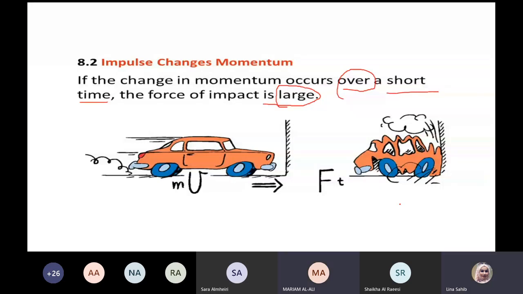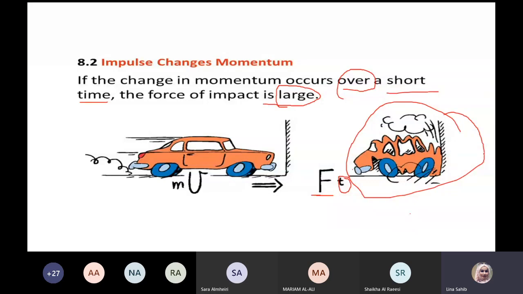The right. Yes, more crash means shorter time and larger force. Big force, small force. Small or short time, big force produces a big crash.